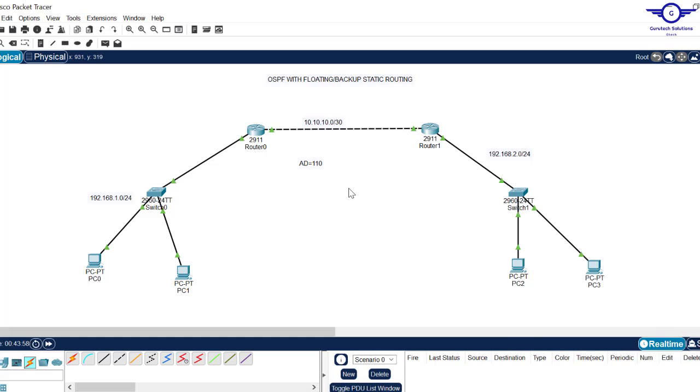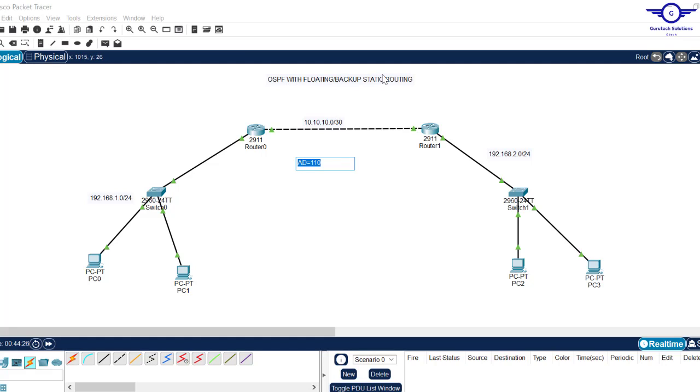Okay, so I was saying that when we want to implement a default, a backup or a floating static route, then we should do it with the highest administrative distance. Remember, we have to do a backup for OSPF, and OSPF has administrative distance of 110.